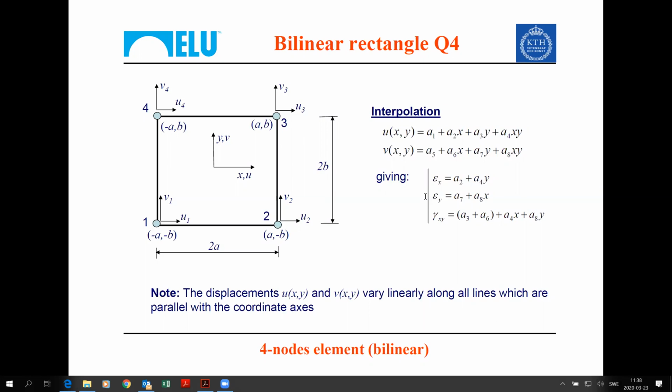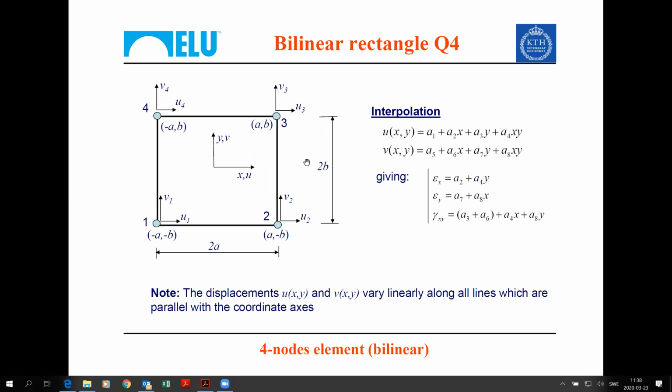Why do we call it bilinear? Because if you look at u and v, and if you take y as constant, for instance, in the expression of u, both in the expression of u and v, then you are left with a linear interpolation in x.